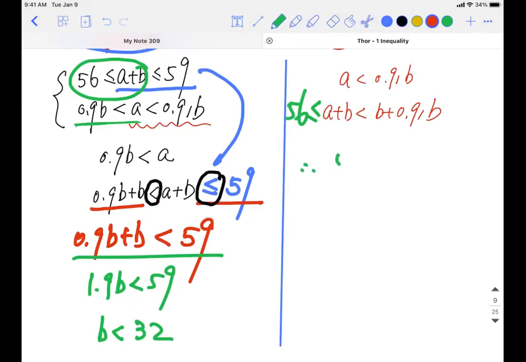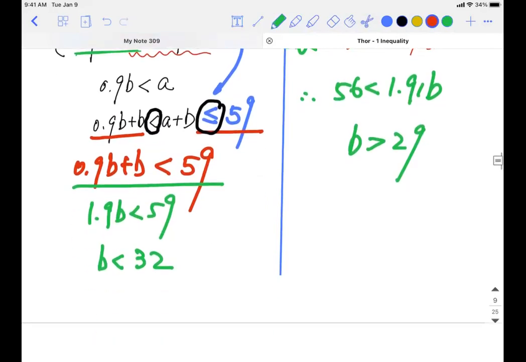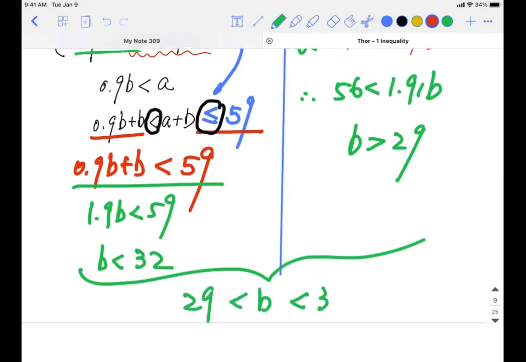So therefore, you have 56 less than 1.91b. So b will be greater than 29. Okay, I ignore the decimal parts. b will be greater than 29, less than 32.